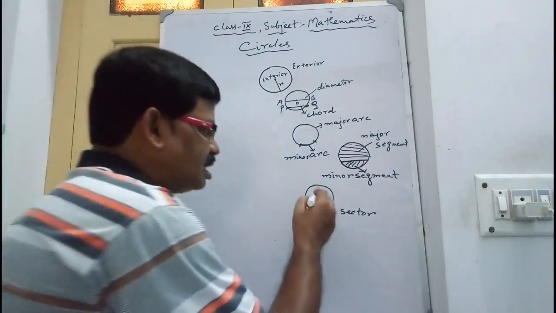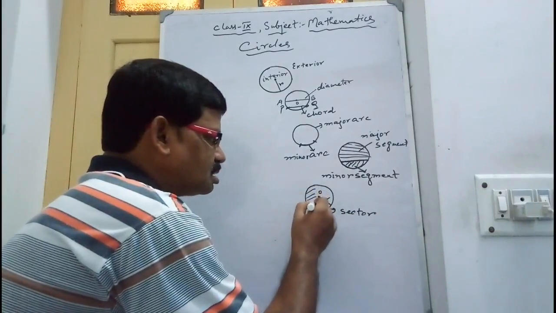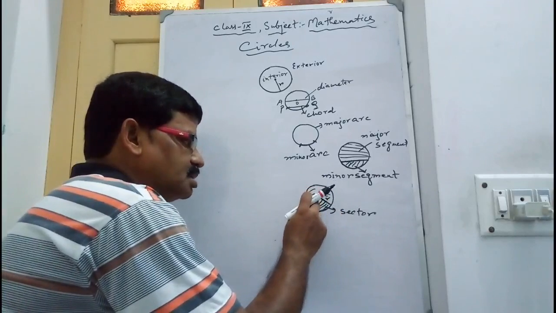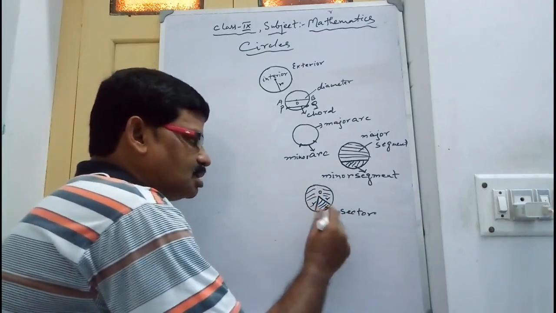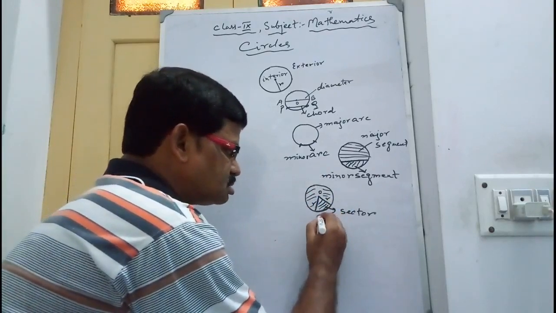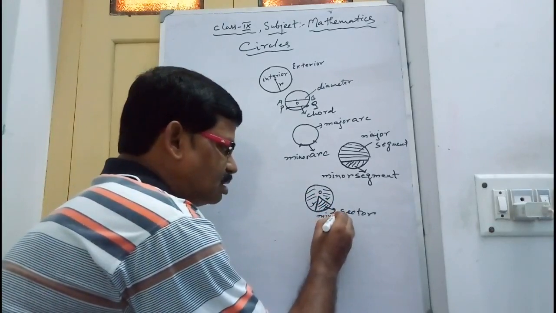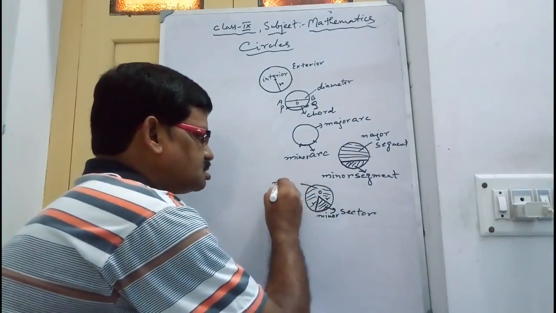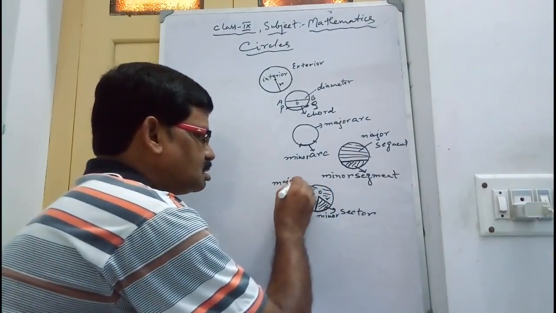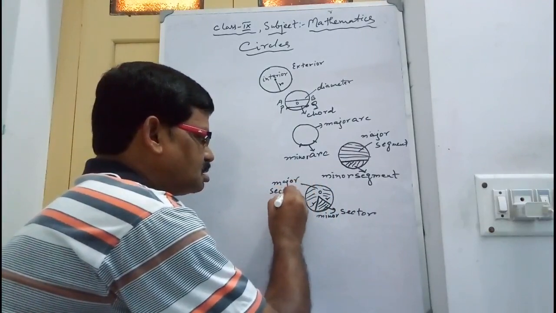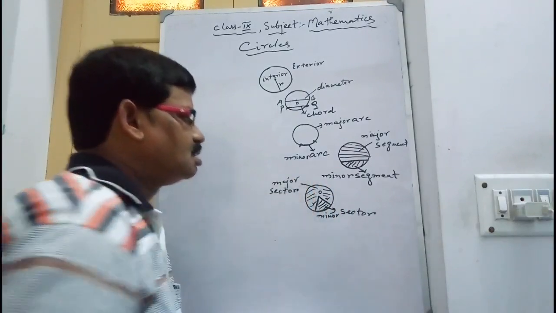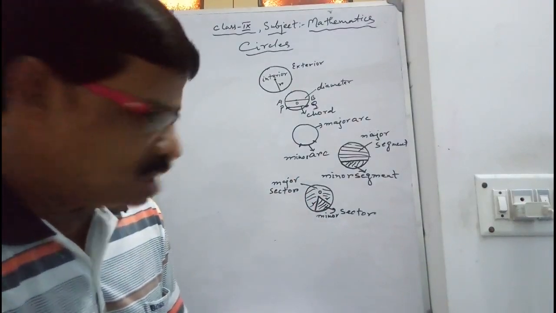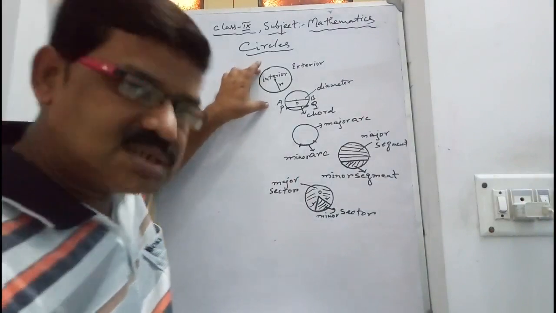The remaining part is also a sector, as this part is made by this circle and this arc. So smaller is known as minor sector, and the bigger one is known as major sector.